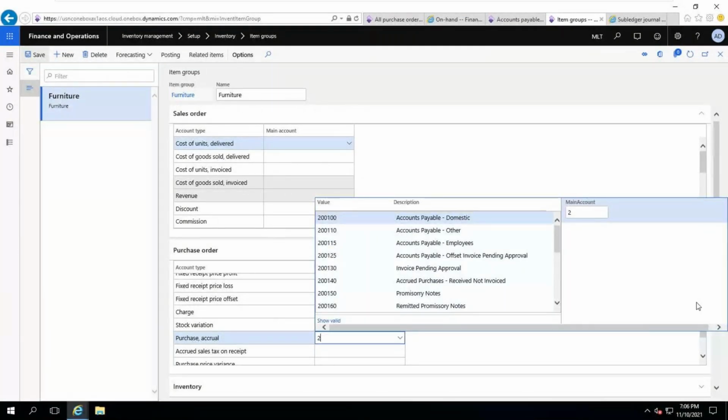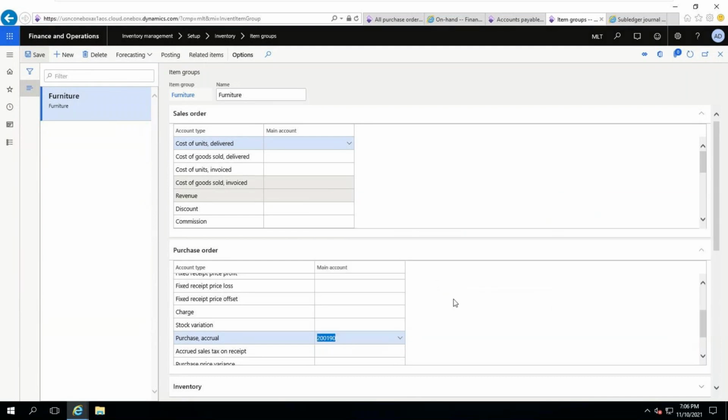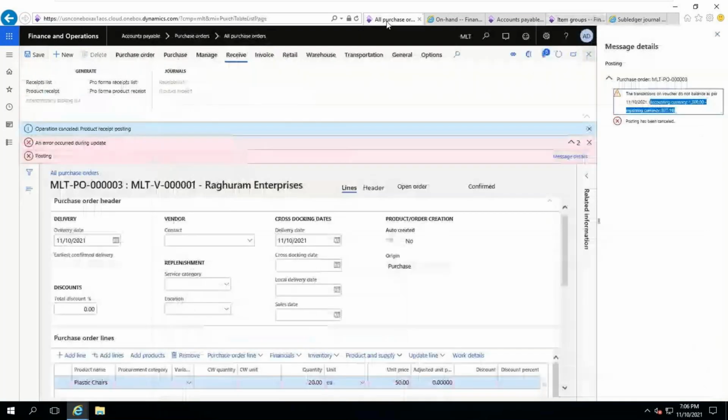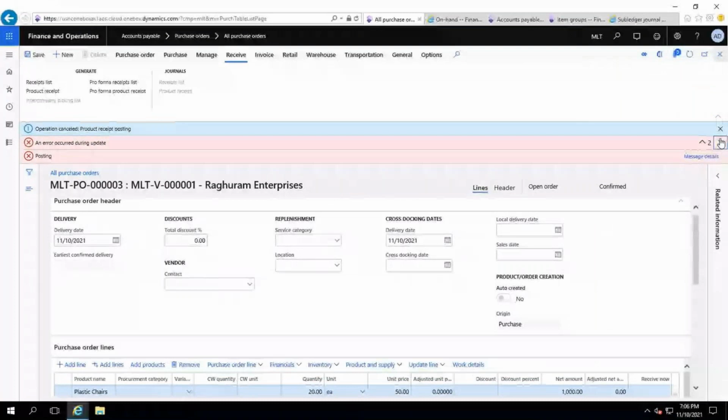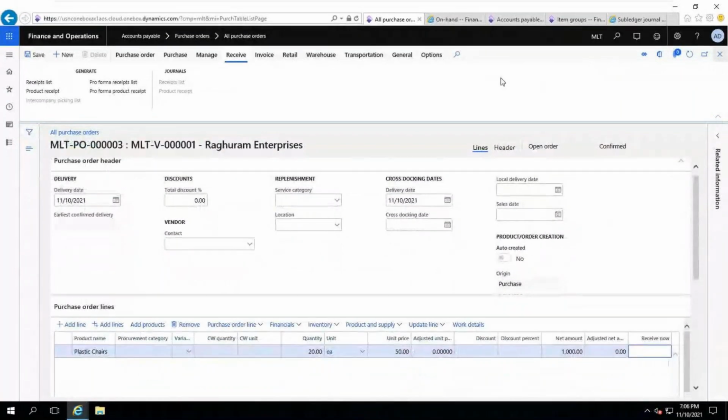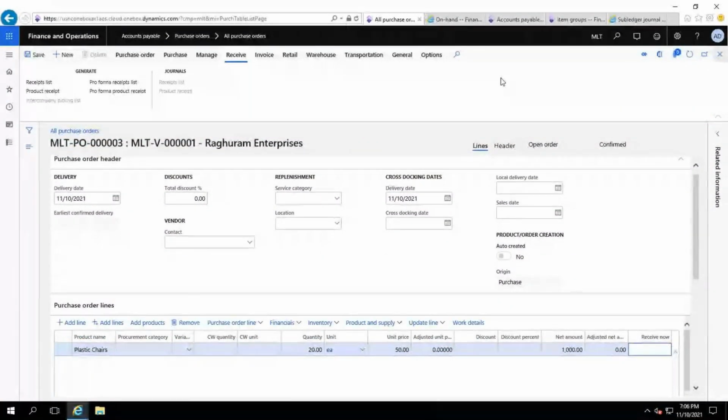We need to understand. Accrued purchases. Of course, the message is misleading, but I can't do anything. The purchase accrual account is missing. Even though it says does not balance, it means 0.01, you will get this kind of error messages.